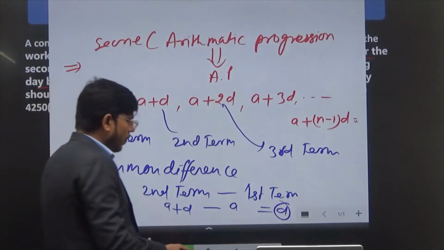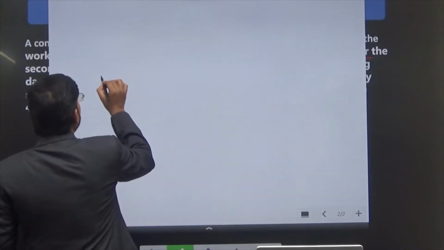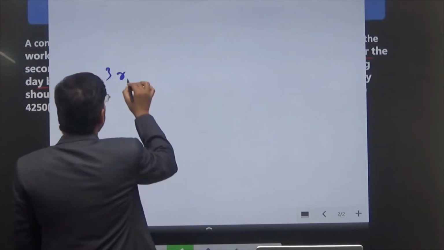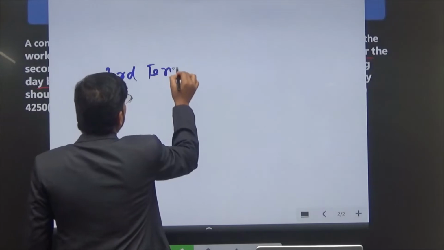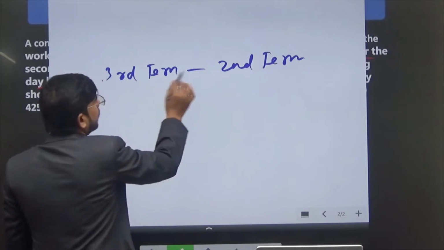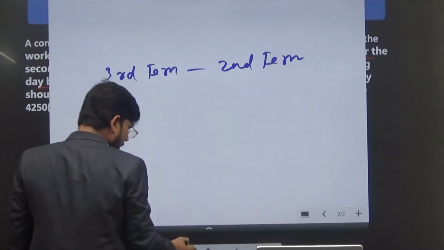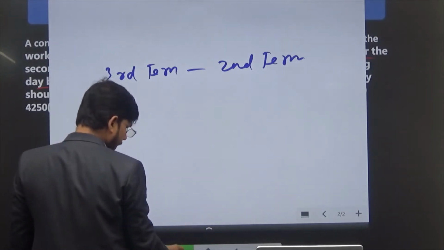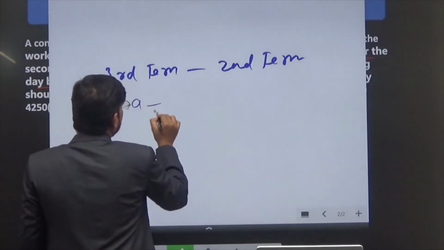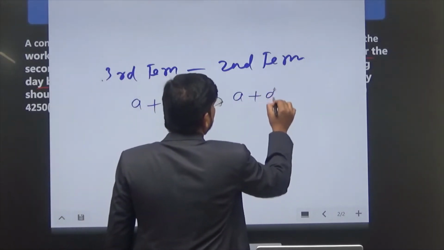Now again we will check the common difference from the next term. Third term minus second term. Here the common difference will be: third term is a plus 2d minus (a plus d).